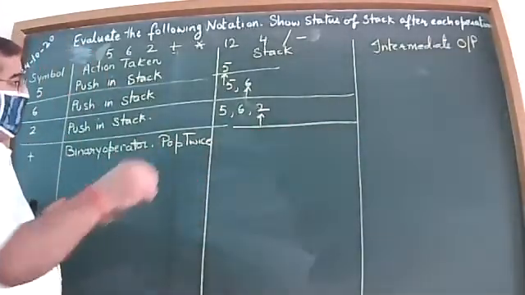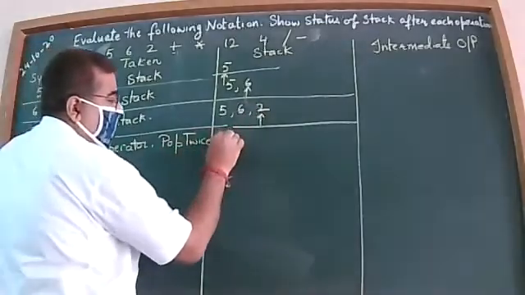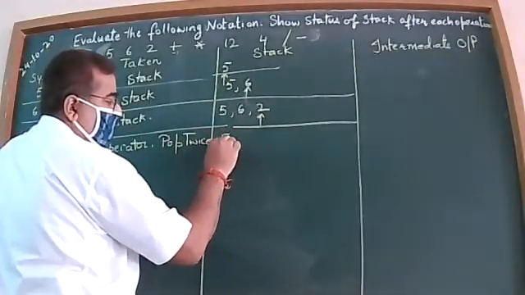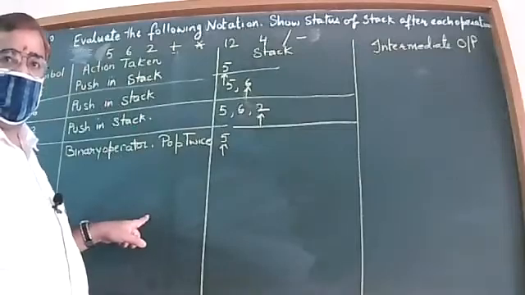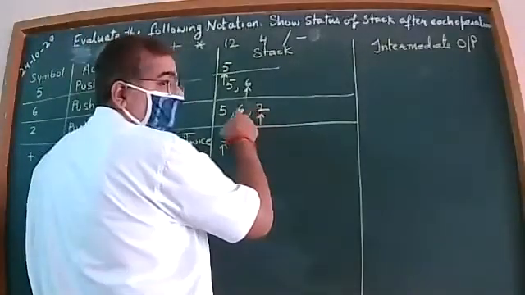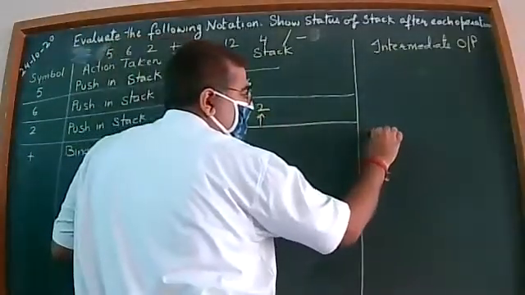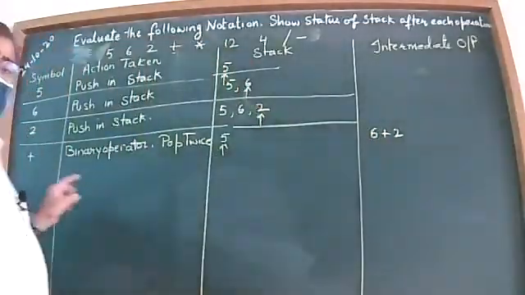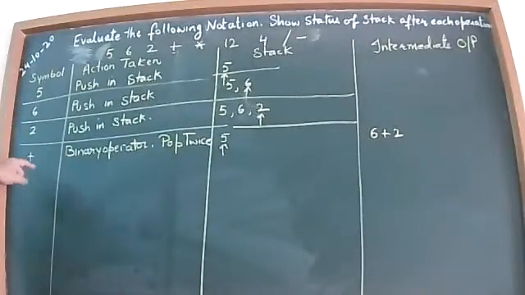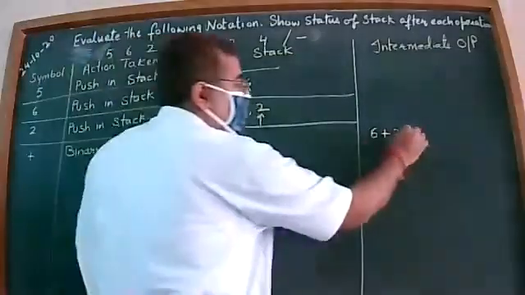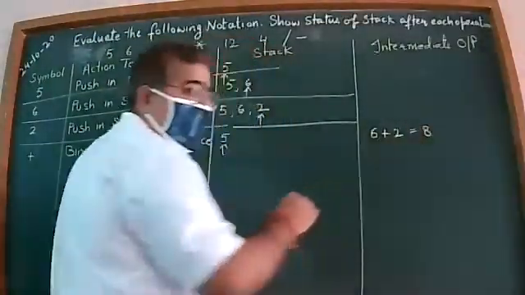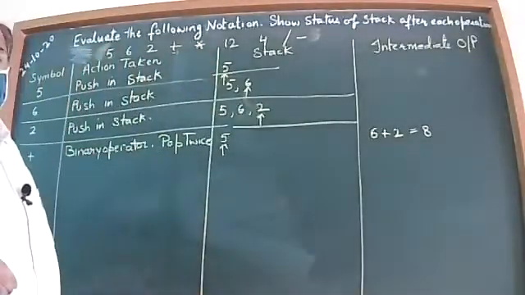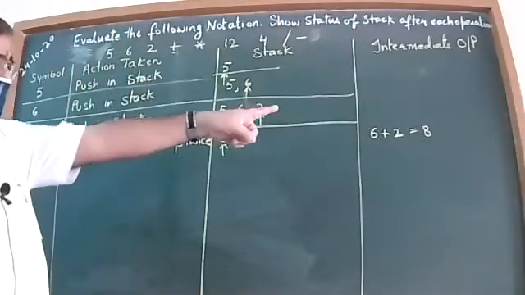What I mean is, I pop two numbers. So I am left inside with 5. The two numbers which are popped are 6 plus 2. The same operation which is lying over here, you are to perform over here. So 6 plus 2 equals 8.